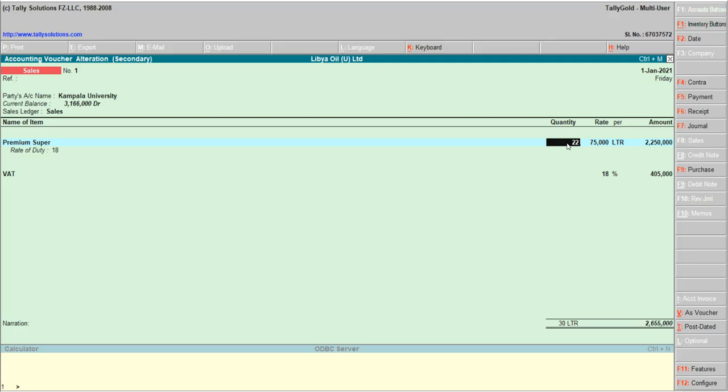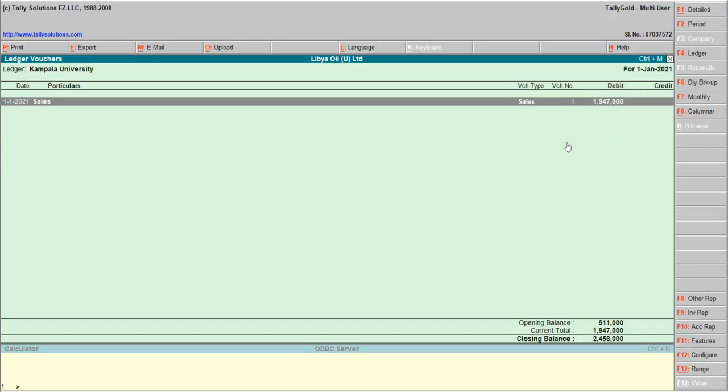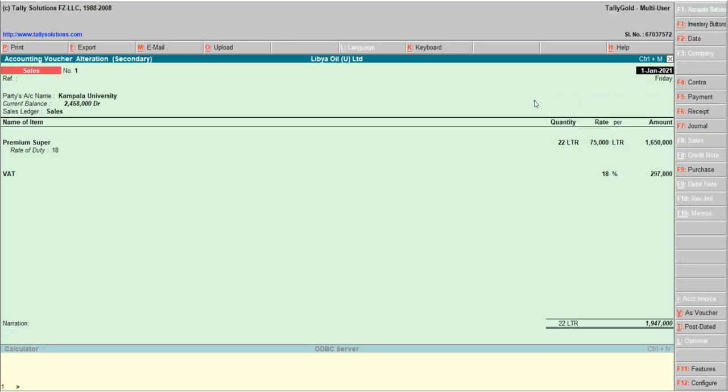They talk about 30 liters of premium, but only 22 were delivered. To make this 22, not 30. Initially, I'd entered 30, so accept. It's now 22.